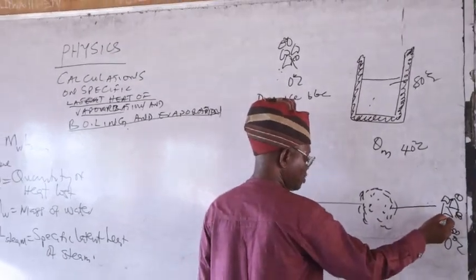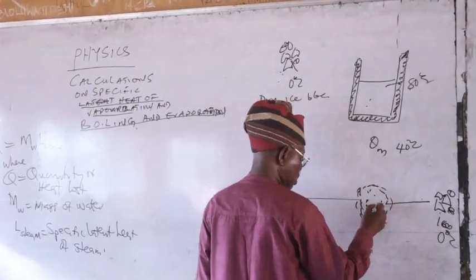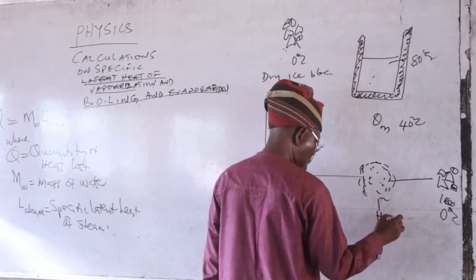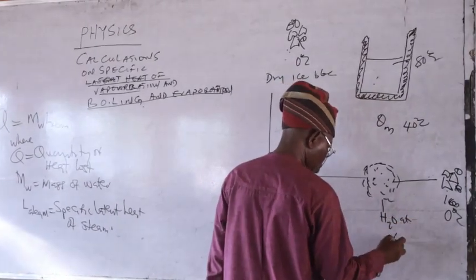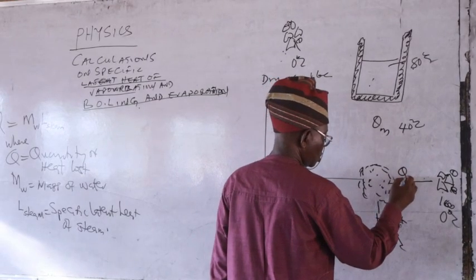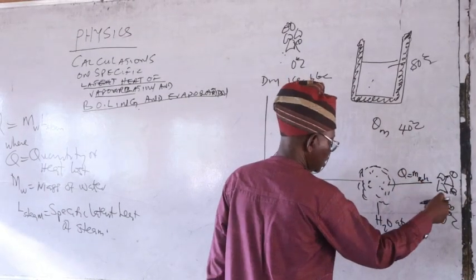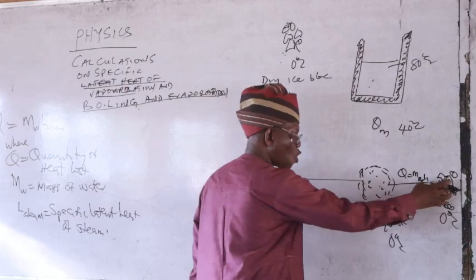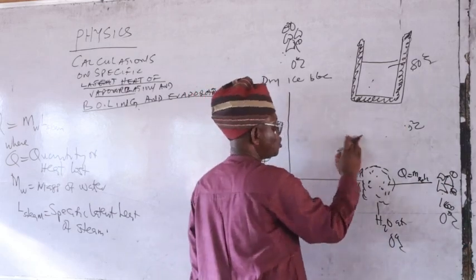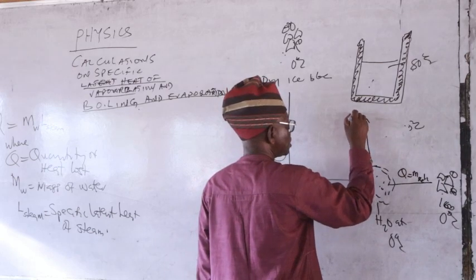So the ice at 0, we need heat to change it to water at 0. This is now water at 0 degrees Celsius. That's Q equals mass of ice times latent heat. The heat gained by ice will first of all convert it to water at 0. Then water at 0 will now be raised to water at 40.